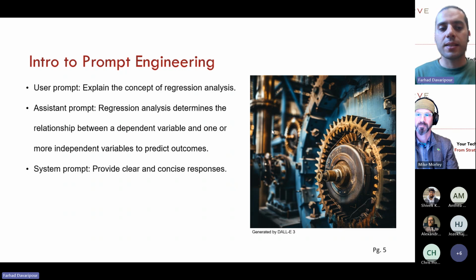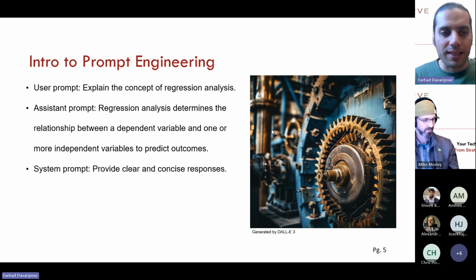Then we have the assistant prompt, which is what's generated by the large language model to answer that query. For instance, in this simple example, the user prompt could be "explain the concept of regression analysis," and the assistant prompt could be "regression analysis determines the relationship between dependent variable and independent variables."